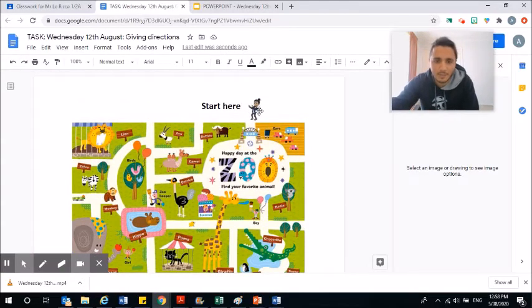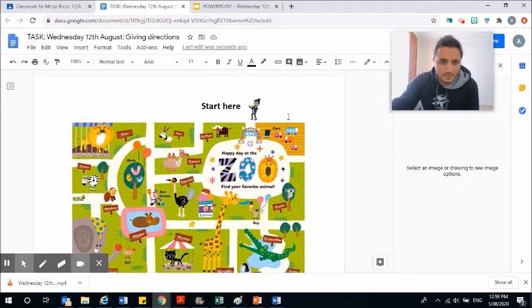And here I am at the start, just outside the entrance of the zoo. This is where you need to start. Think of my position. I'm facing the way of the zoo. That's where I'm starting. If I was to turn right, I'd be going that way. Remember the position, where I am and which way I'm facing.